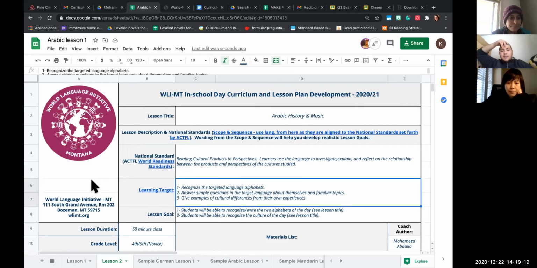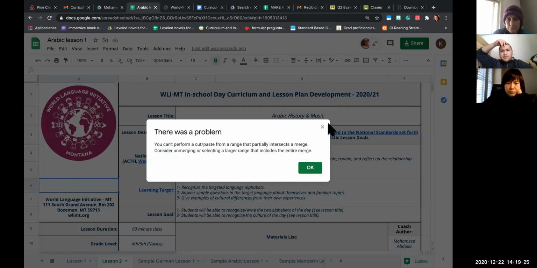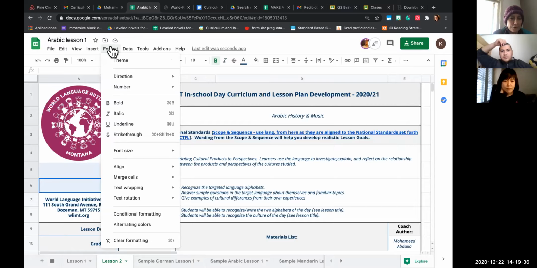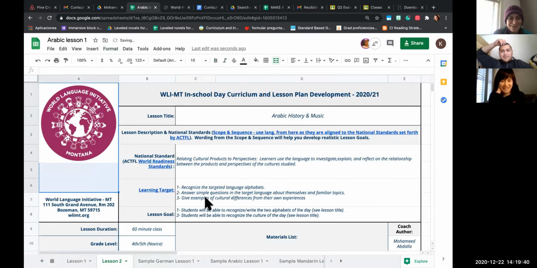Yep. Okay, cool. You could just delete it from the cell, Kristen, because he already wrote it. Oh yeah, I was going to do something different, very OCD of me. Merge it vertically. There we go.